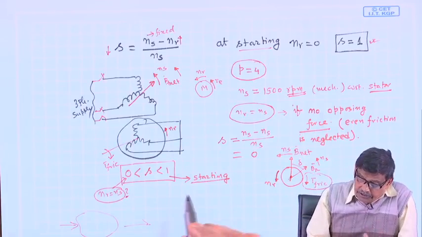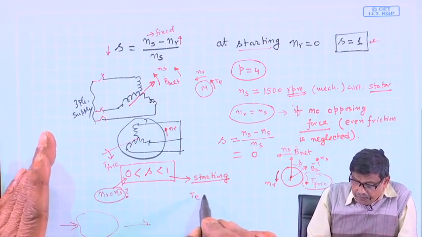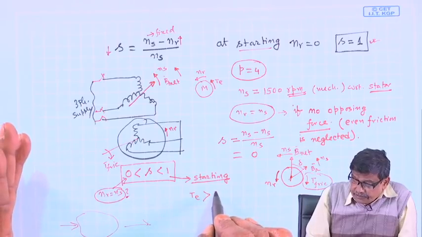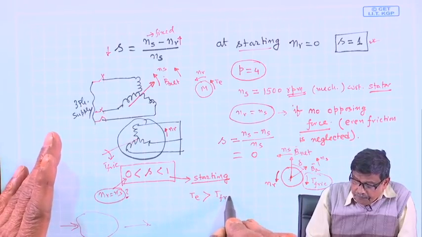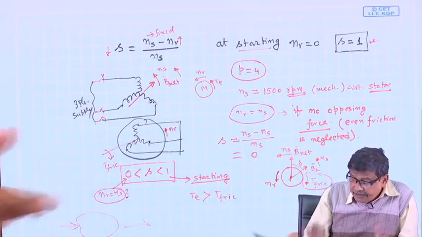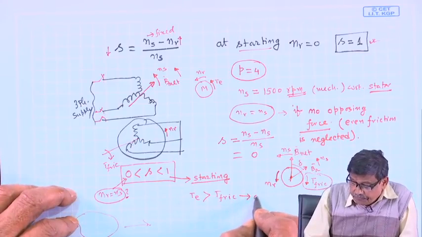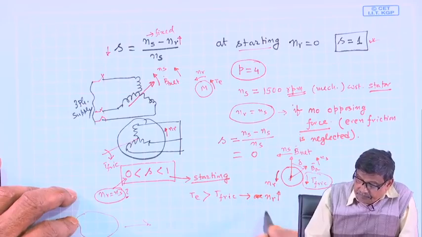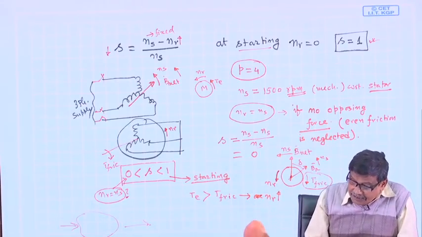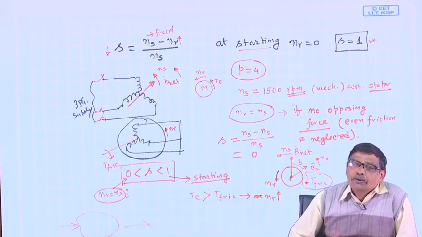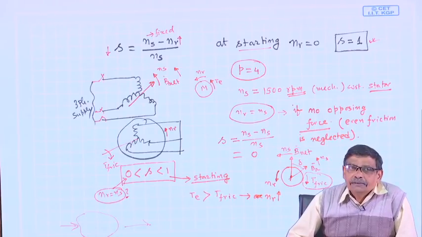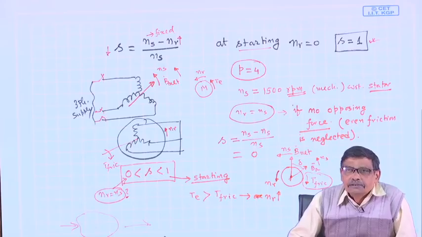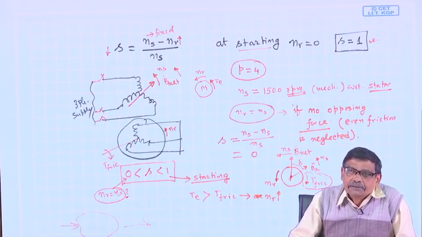So, we assume that friction is small, enough starting torque is developed and the rotor will accelerate. And so long as this electromagnetic torque is greater than T friction, acceleration continues, NR goes on increasing. But as NR goes on increasing, I know one thing: induced voltage in the rotor decreases, induced current in the rotor decreases, BR decreases.